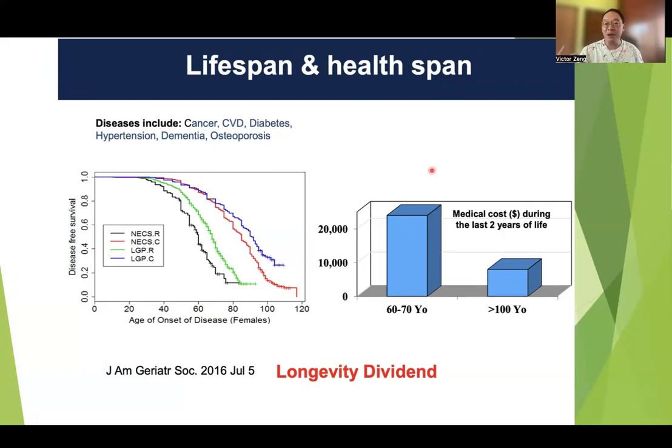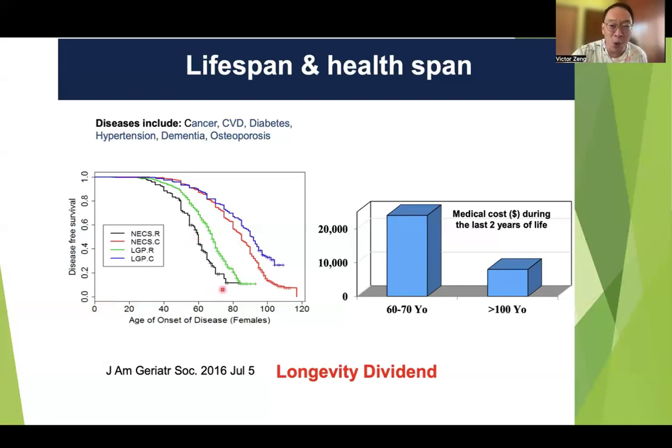If you live to 60 or 70, the medical cost in your last 2 years will be very high. If you live to 90 or 100, the cost in the last 2 years is lower, reduced by half. This is disease-free survival. 1.0 means 100%, you have no disease. When you're young, you have no diseases. If you live to about 80, by about 50 or 60 years old, half of you will have diseases.